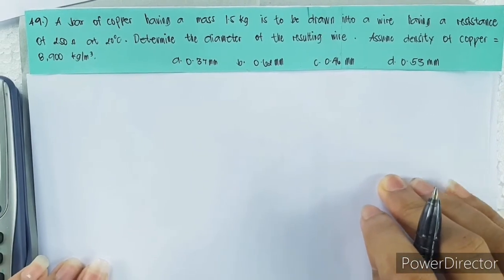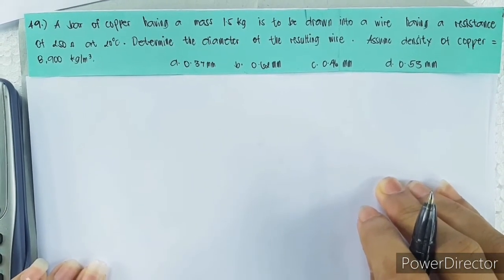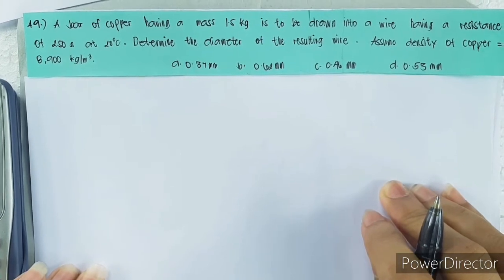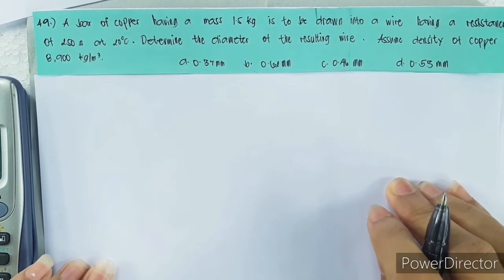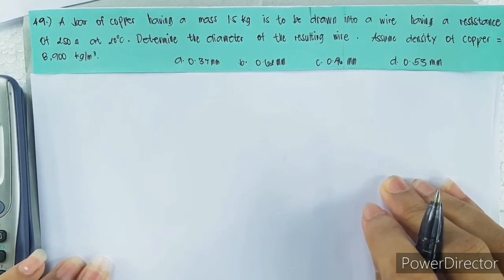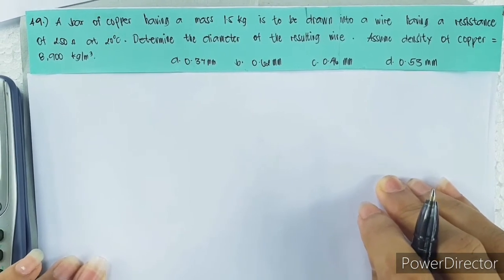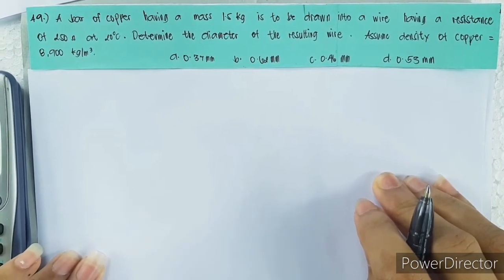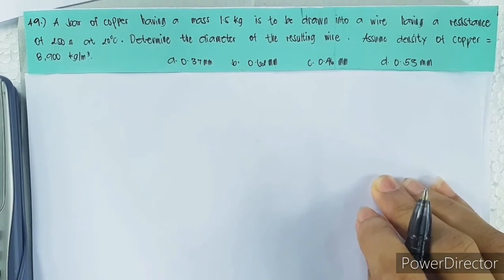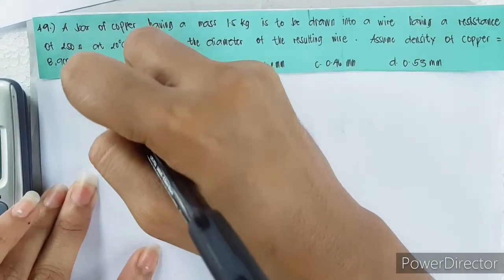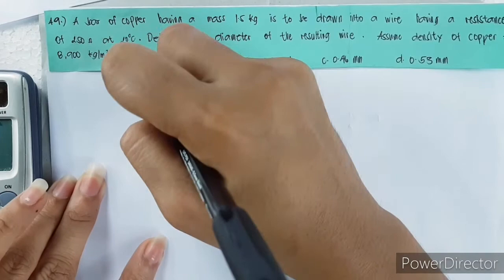Number 49. A bar of copper having a mass of 1.5 kg is to be drawn into a wire having a resistance of 250 ohms at 20 degrees. Determine the diameter of the resulting wire. Assume the density of copper is equal to 8,900 kg per meter cube. So we have here the formula for resistance, rho L over area.